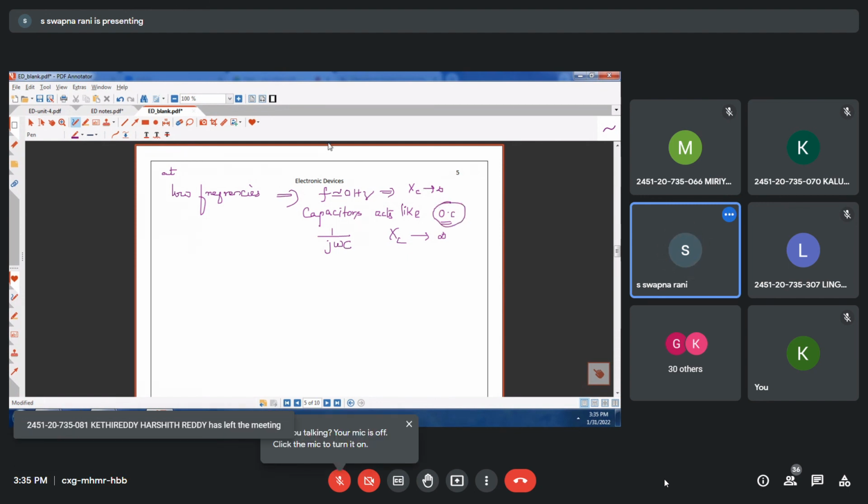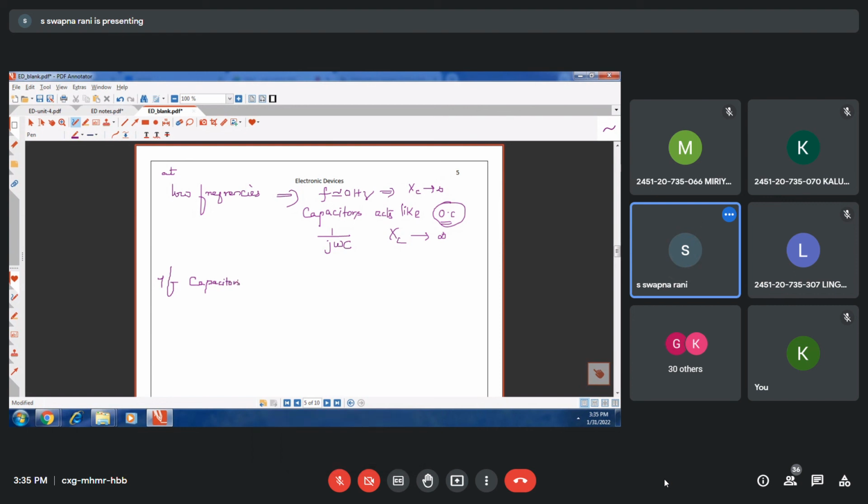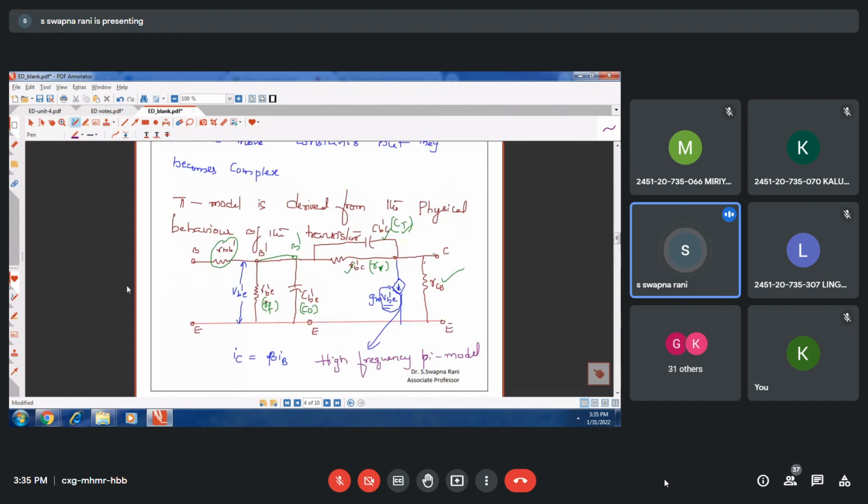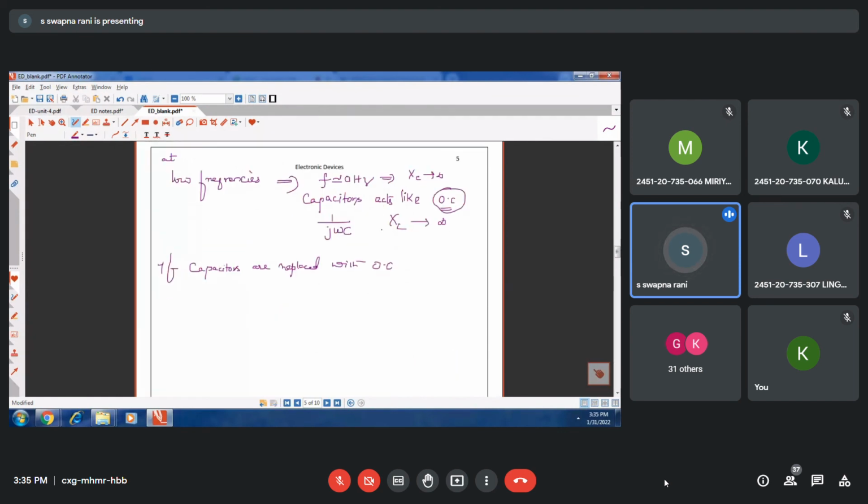It means if capacitors are replaced with open circuit, then open circuit means removing them. Open circuit means just disconnect the capacitors. So if you disconnect the capacitors, then the model is called the low frequency pi model.